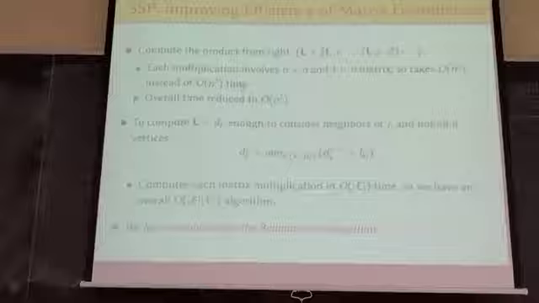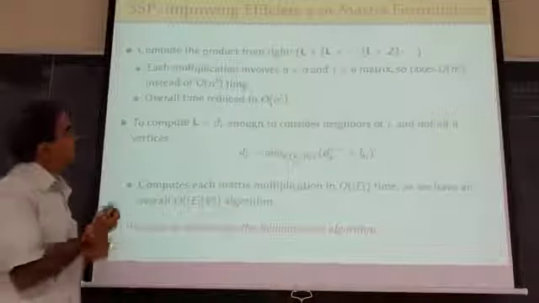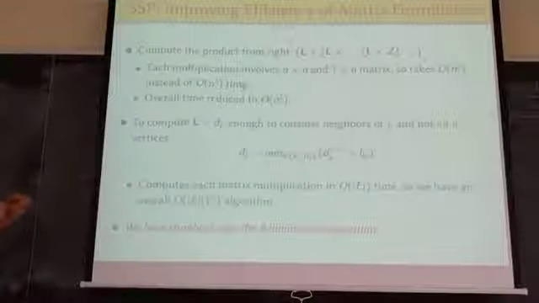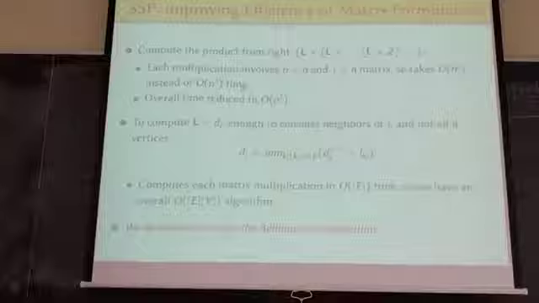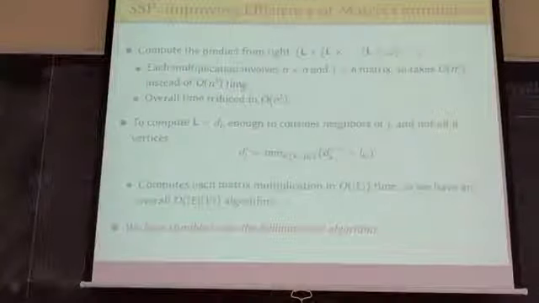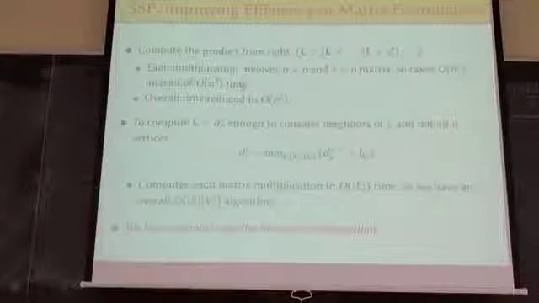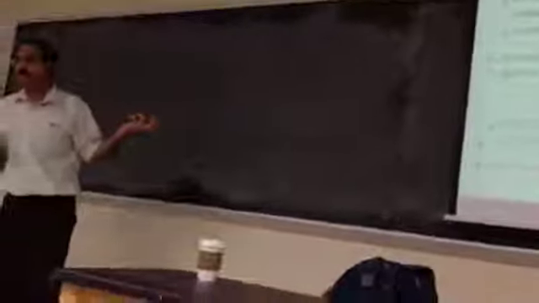So the next thing we do is talk about whether there is anything better that we can do. This was the matrix we had, and the way we computed so far is that we computed L to the power i, which means that we are doing these multiplications, associating these multiplications to the left.